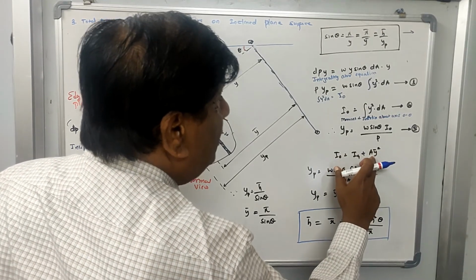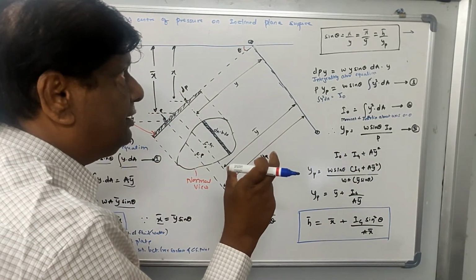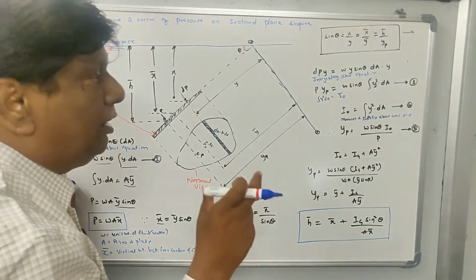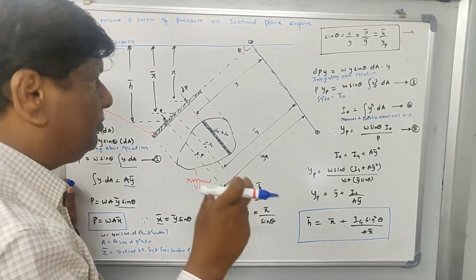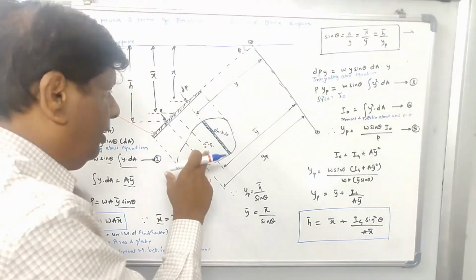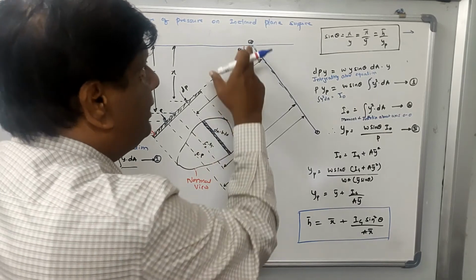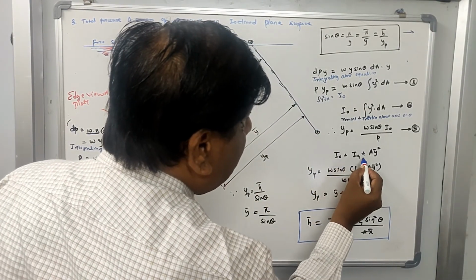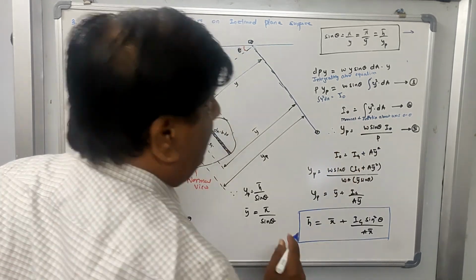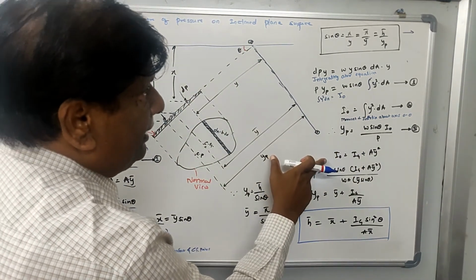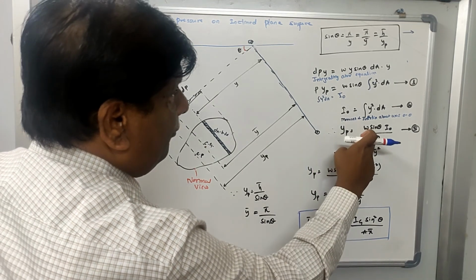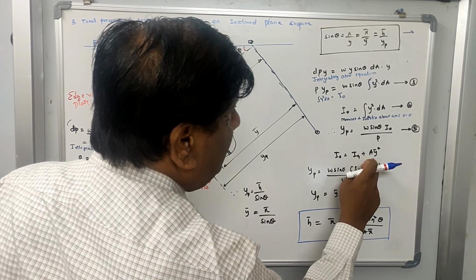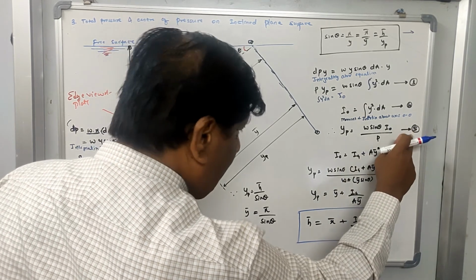Y bar is the distance between the centroidal point, CG point, and the axis OO. Therefore, I naught is equal to IG plus A y bar square. Substituting this in equation 5.